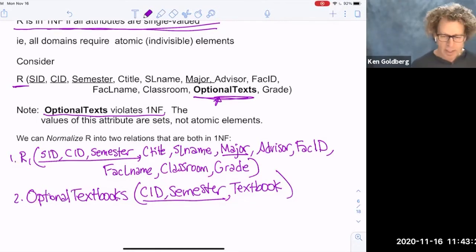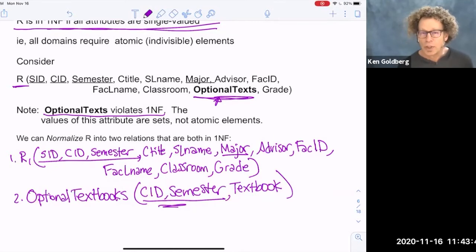When I had it like this, that's not kosher, because I have one class here, and if I have multiple textbooks, now all of a sudden it's not going to be a relation, because this will not be unique anymore, right? That has to be unique for every tuple in the relation.